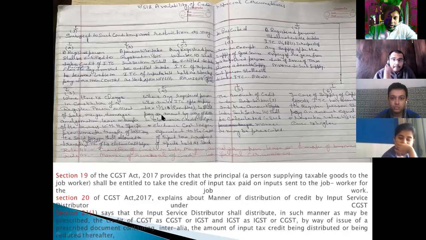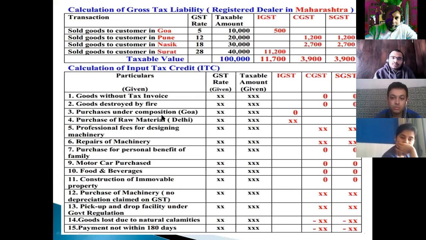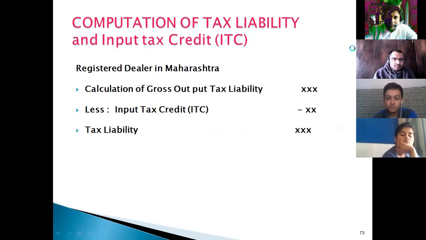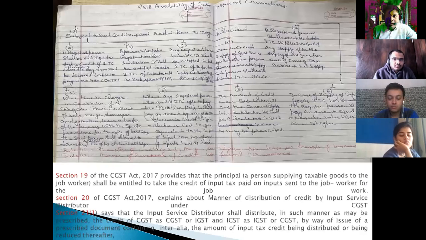So literally sections 1 to 30 of the CGST Act are in our syllabus. I have told you sections 22 to 30 are registration, and you have seen 16 to 21 talking about ITC. Sections 1 to 15 you know very well.